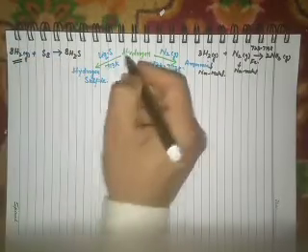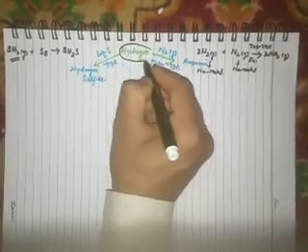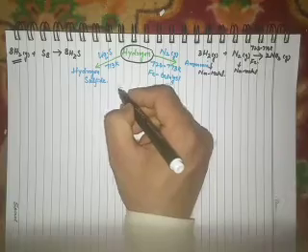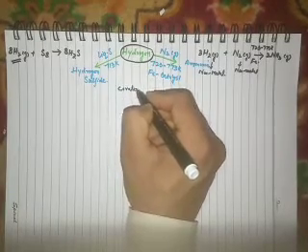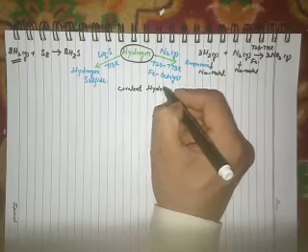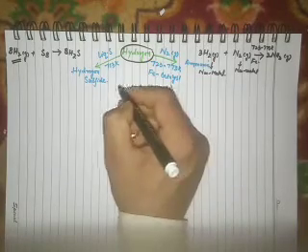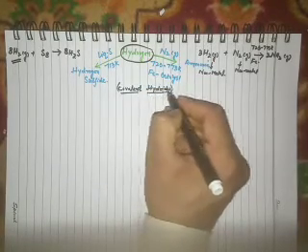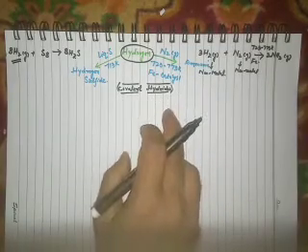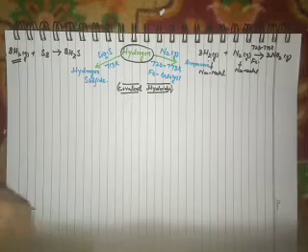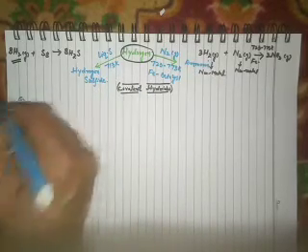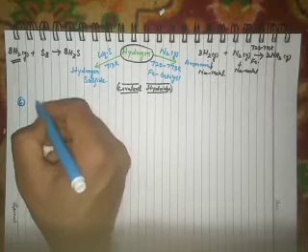So this is the reaction of hydrogen with non-metals, and we obtain covalent hydrides, which are non-conducting, thus referred to as non-electrolytes.